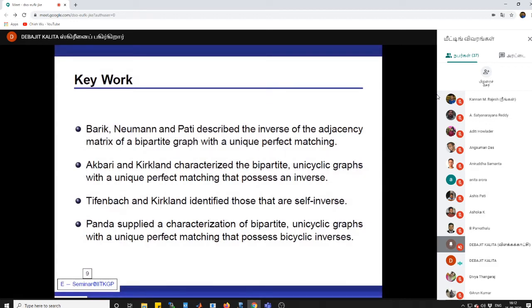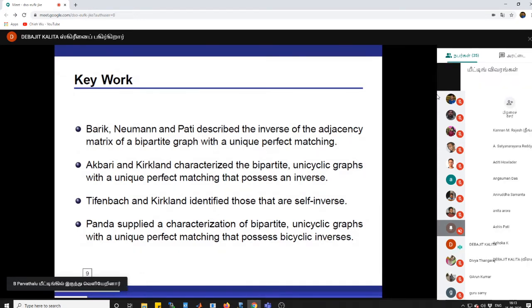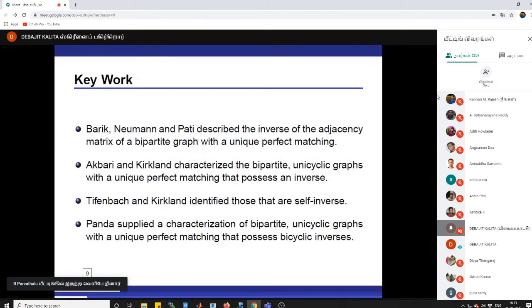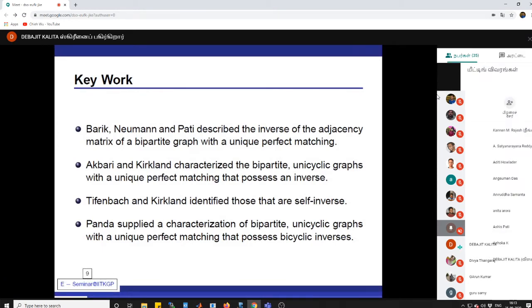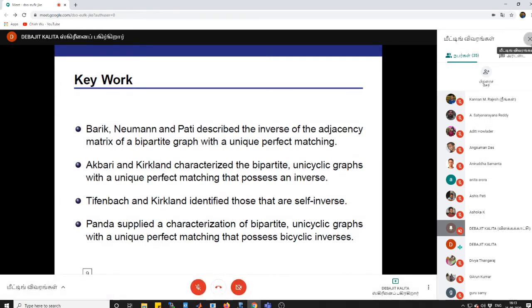Among those unicyclic graphs, Tifenbach and Kirkland identified those which are self-inverse. Self-inverse means a graph which is isomorphic to its inverse graph. Then recently Swarup Panda supplied a characterization of bipartite unicyclic graphs with a unique perfect matching which have bicyclic inverses.